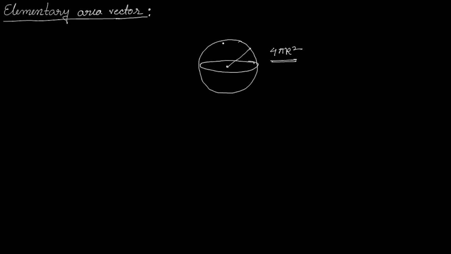So if it is related to a spherical surface, every time we have to consider this elementary length on the spherical surface. So first we have to learn how to write this elementary length on a spherical surface.